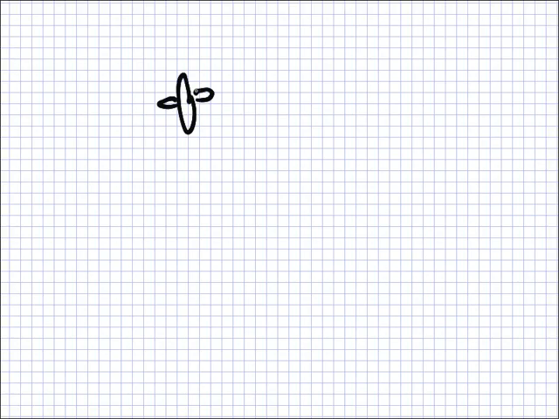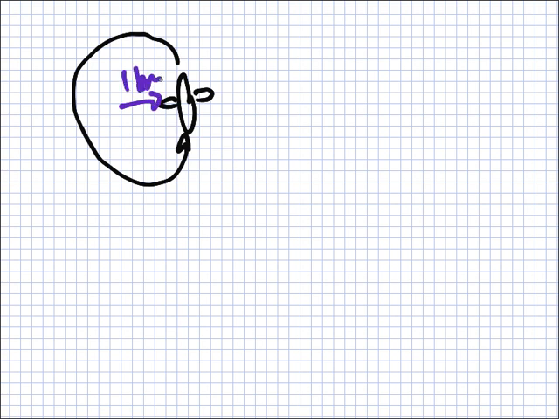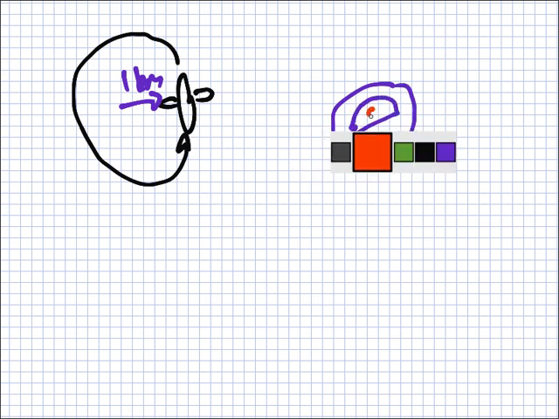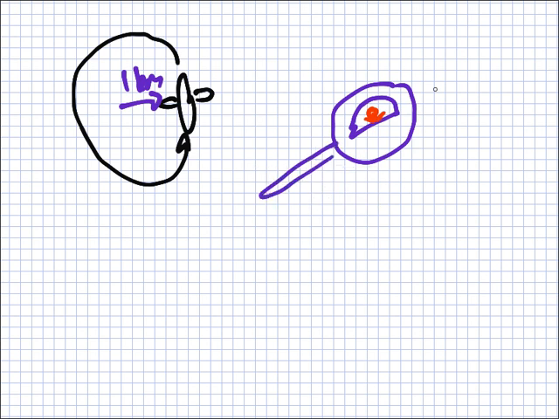This is me looking at it from above, and it's traveling in a 1 kilometer circle. Now, if I look at it front on, so here's the plane, there's the pilot, there's the wings. So what's happening is it's moving around in a circle.